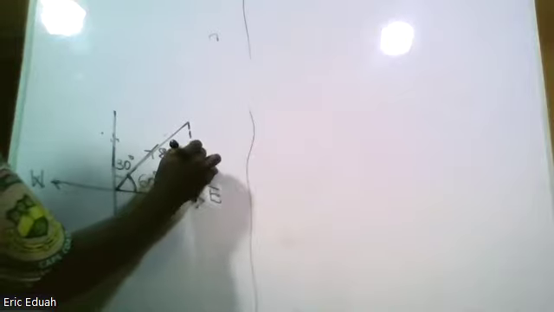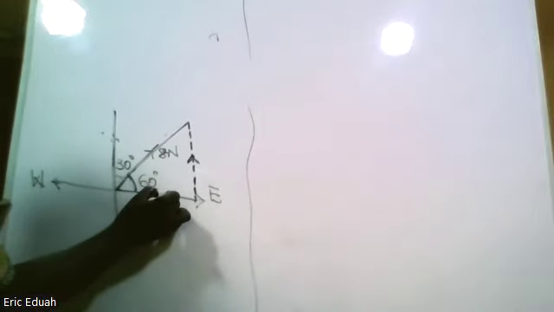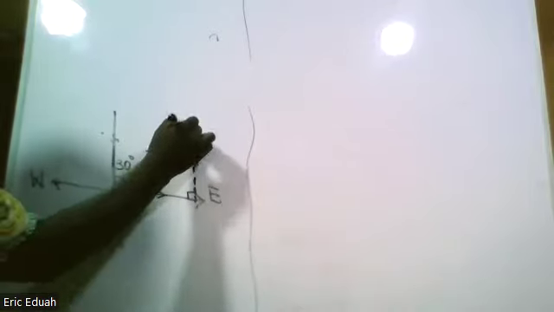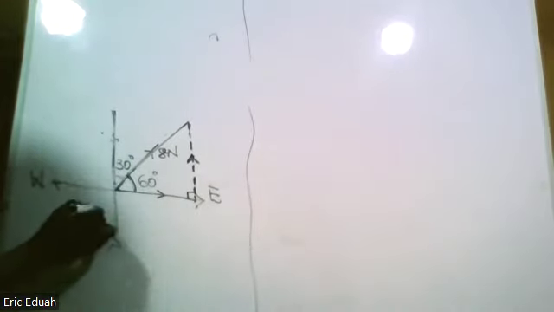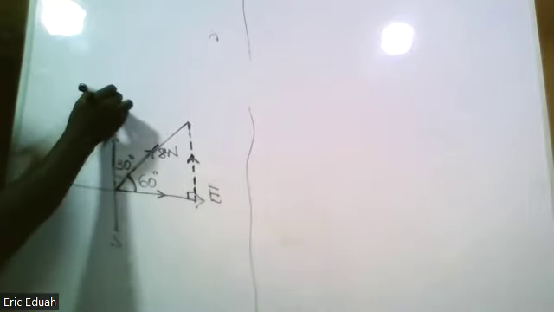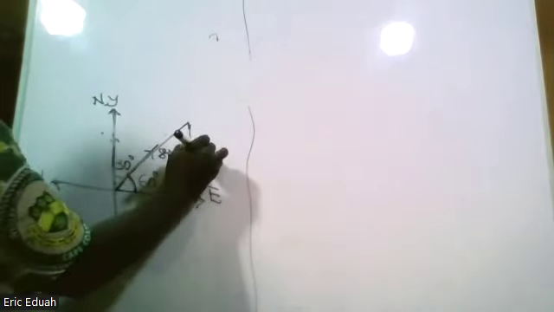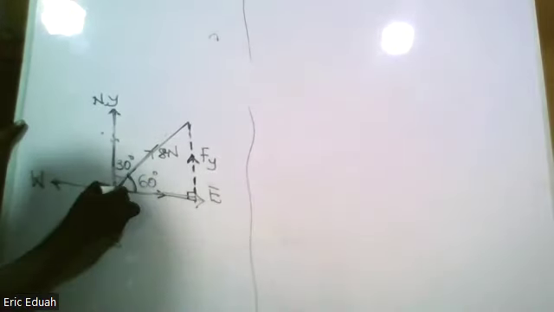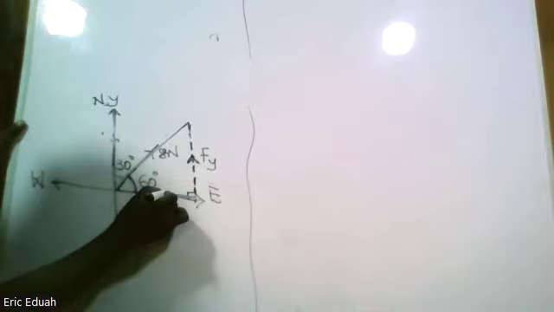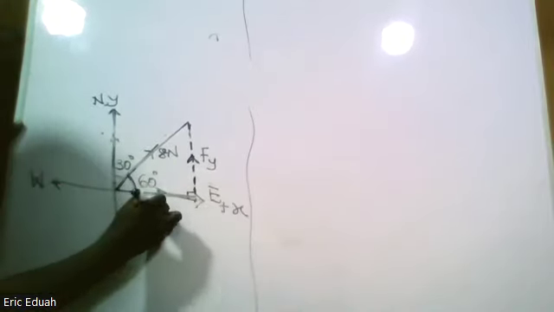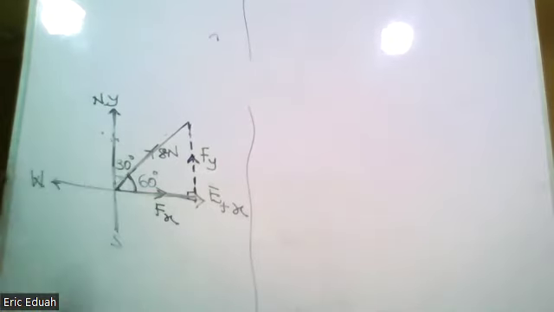Now, this side from triangle law of vectors, this side is perpendicular. And because this side falls within the y-axis, north or y-axis, this part will be Fy. Then this component, the horizontal component, falls within the positive x-axis. So this will be Fx.